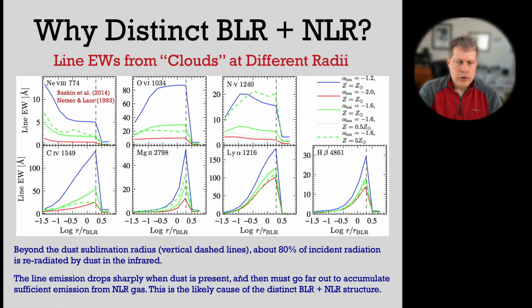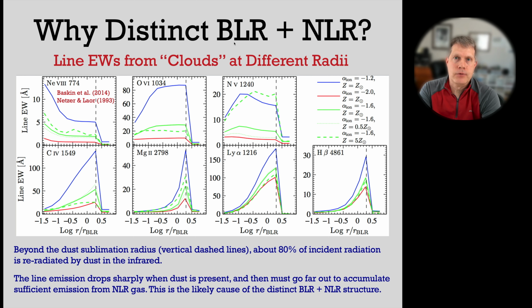To pick up enough additional mass to get a substantial amount of line emission, you have to go out fairly far to accumulate a sufficient volume, a sufficient mass of gas, to get a decent amount of line power from the dramatically reduced emissivity gas. That's the basic point here.